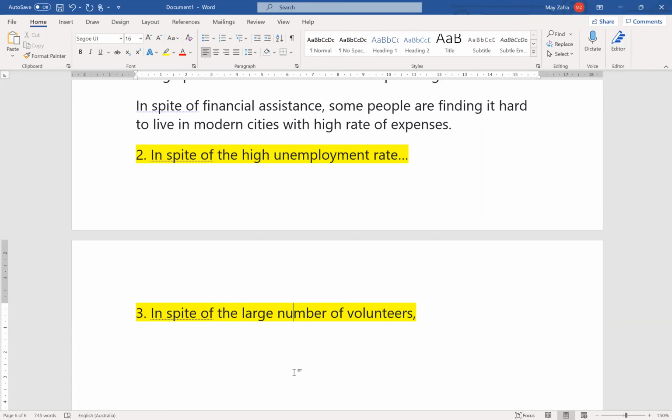Sorry, can you repeat for me again? So it means that the percentage of people who don't have a job is very high. So many people have no job. Okay. Understand. Thank you. No worries.